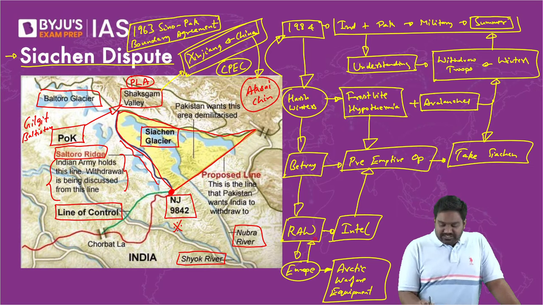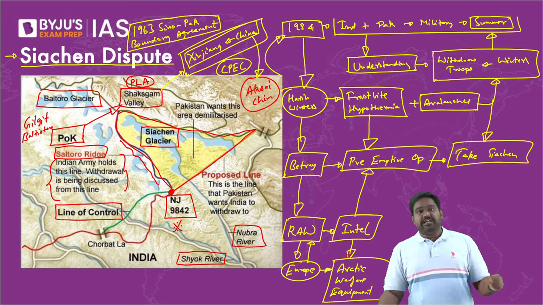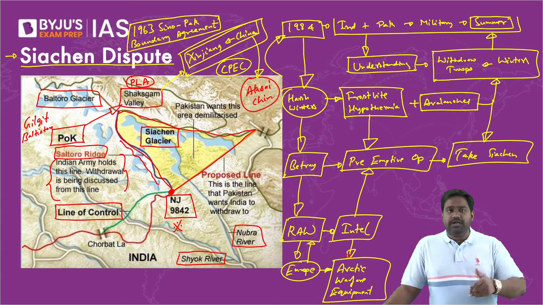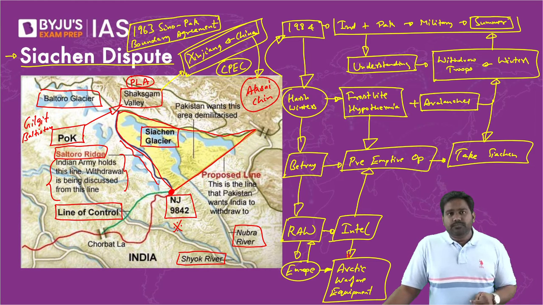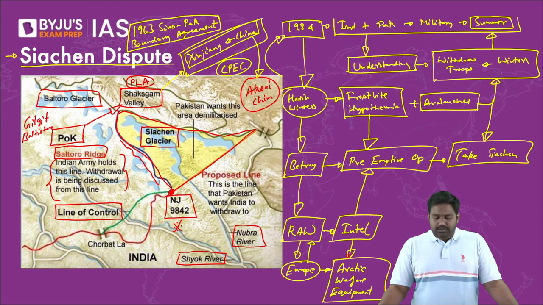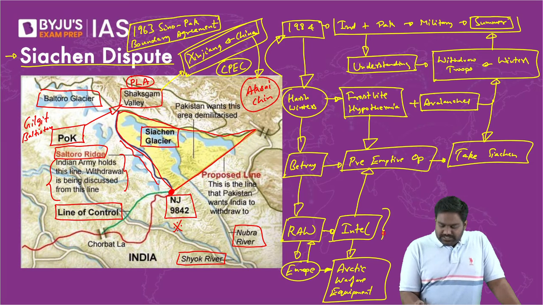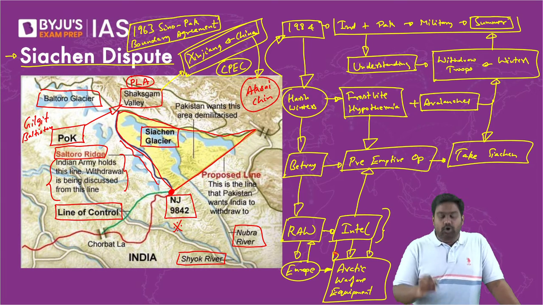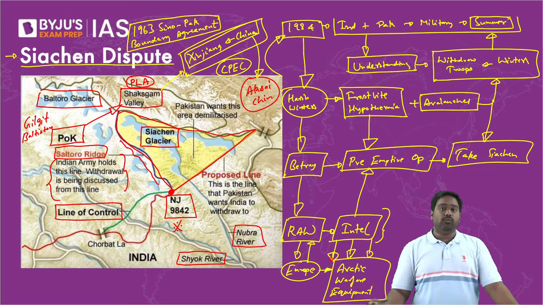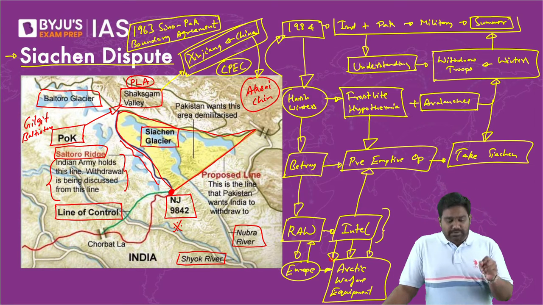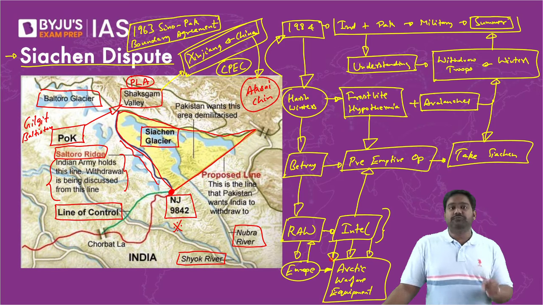Once RAW received this input, the Indian strategic establishment started analyzing the intelligence. The defense ministry, the army, the prime minister's office, and all the concerned agencies, even the Ministry of External Affairs, would all try to assess why Pakistan was placing such a massive order for Arctic warfare equipment. The only conclusion was that Pakistan might try to capture Siachen for itself.